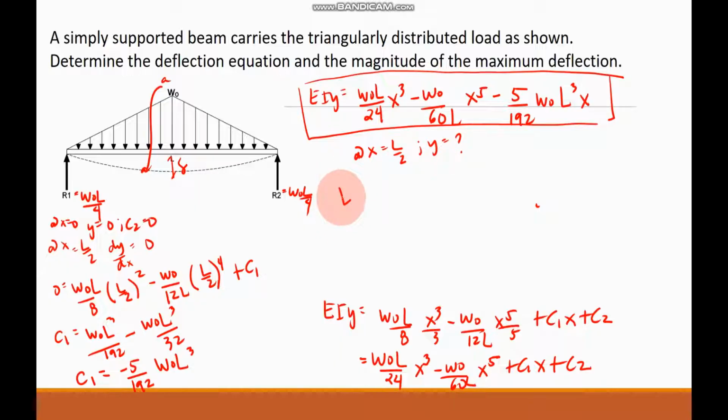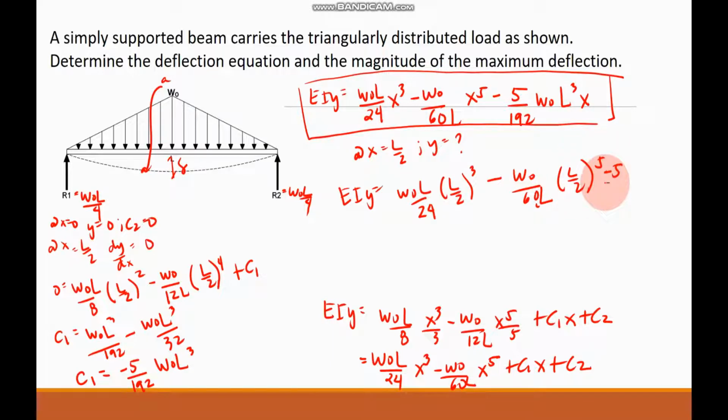Therefore, substitute nyo lang. We have here, wala pala tayong value ng flexural rigidity, so it is in terms of EI pa din. So, we have W o L all over 24 L all over 2 raised to 3 minus WO 60L L all over 2 raised to 5 minus 5 all over 192 L raised to 3 of L all over 2.